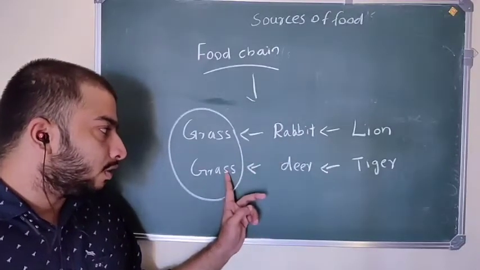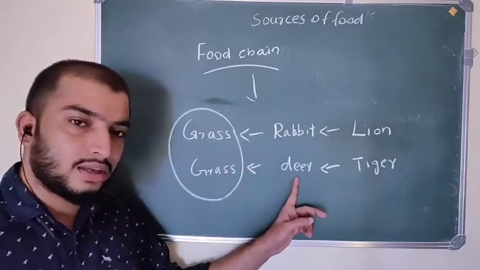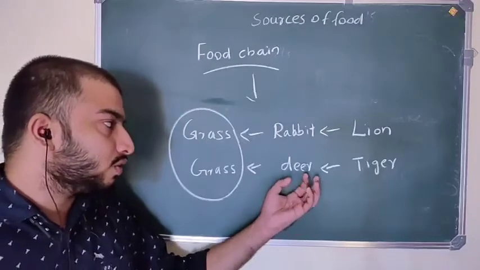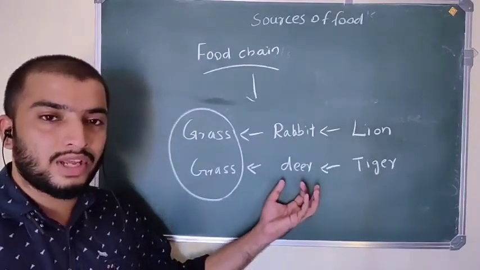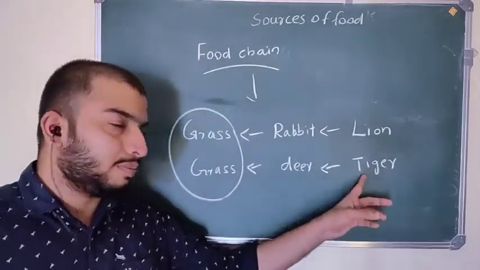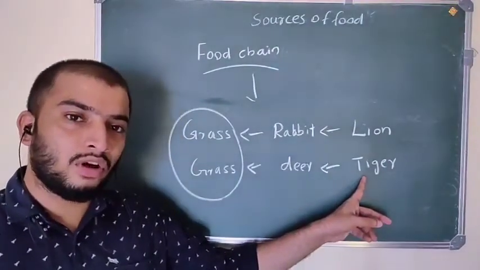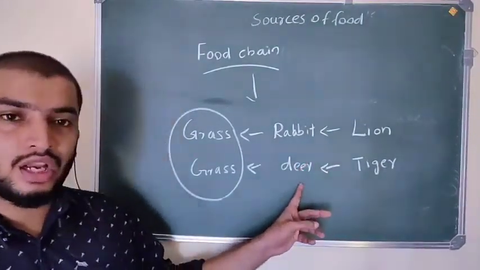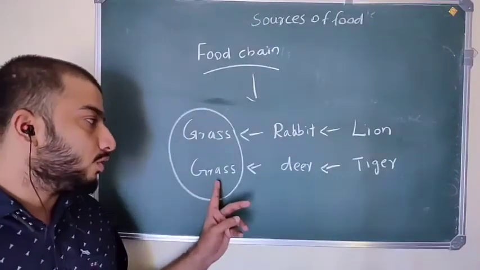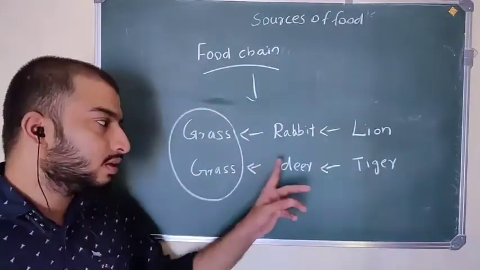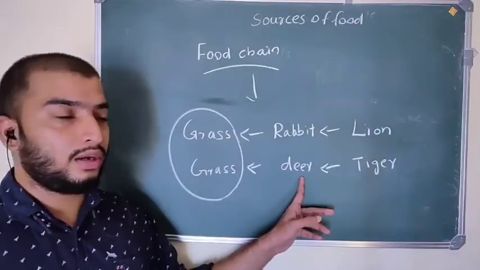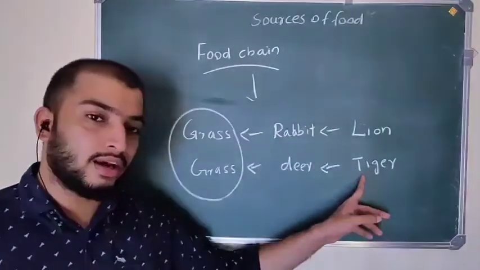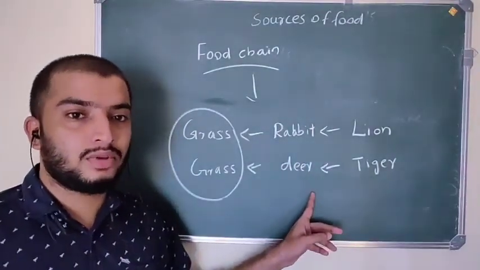If grass is not available, deer will not get food, so the deer number will be very low. Then the tiger won't get deer because the deer number is very low. If there is more grass, there will be more deer, so the tiger can hunt deer. Understood?